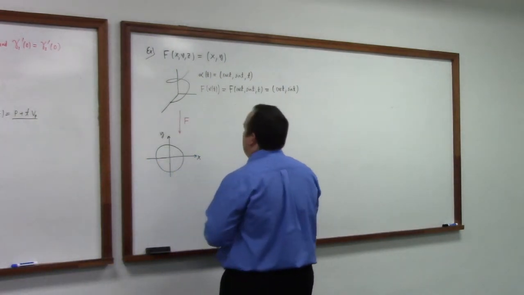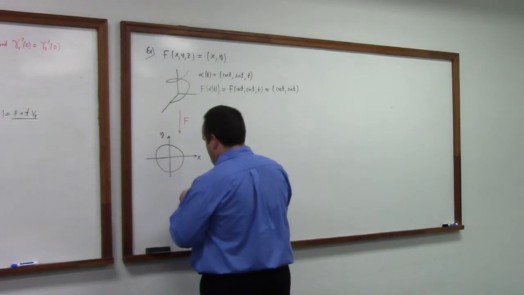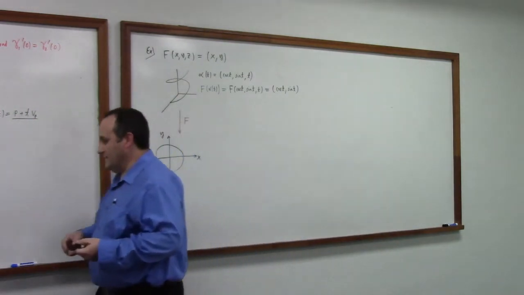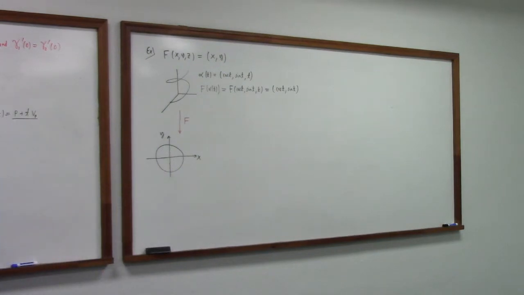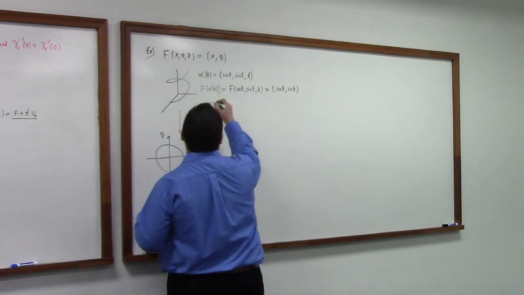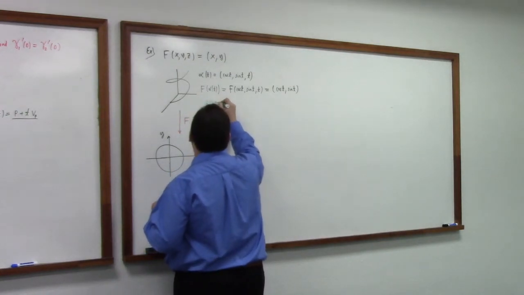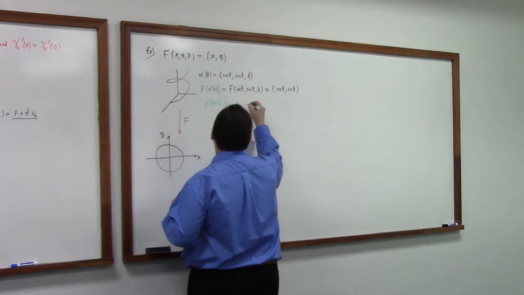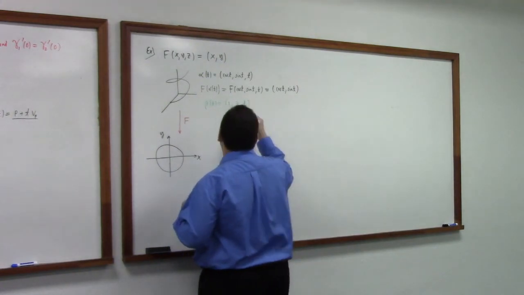And let's see here, another example. Let's say beta, and let beta be just like a vertical line. Pick a point, any point. Let's say 1, 3 is our point, 1, 3, t.